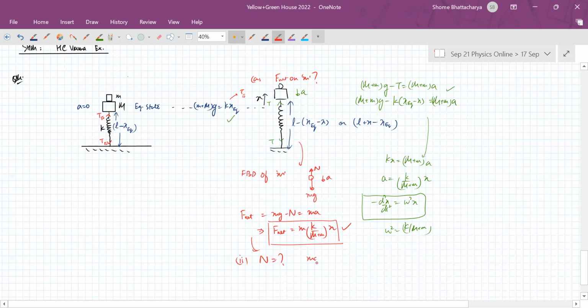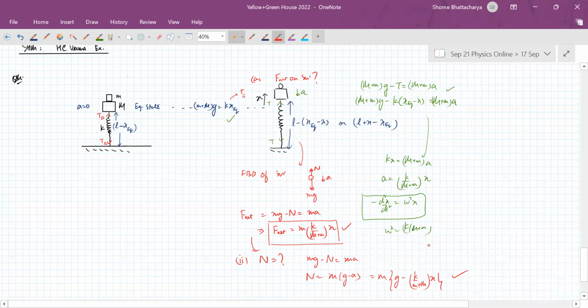So mg minus N is equal to ma. So N is equal to this. This is the normal force.